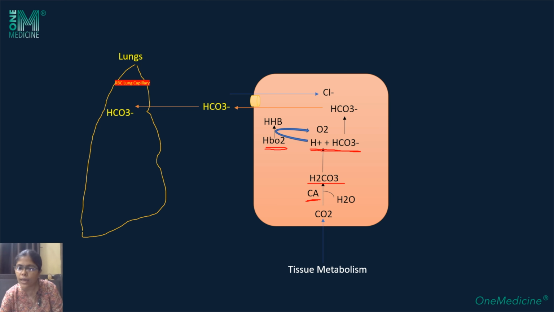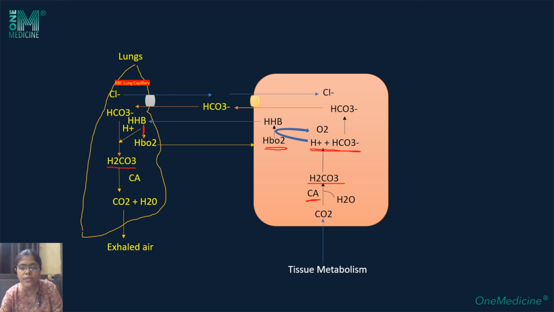Within the lung capillaries in the RBC, the deoxygenated hemoglobin is converted to oxygenated hemoglobin, and the hydrogen that is liberated from the deoxygenated hemoglobin combines with the bicarbonate, carbonic acid is formed, and this carbonic acid, again by the action of carbonic anhydrase, is converted to carbon dioxide and water, and carbon dioxide is exhaled out.